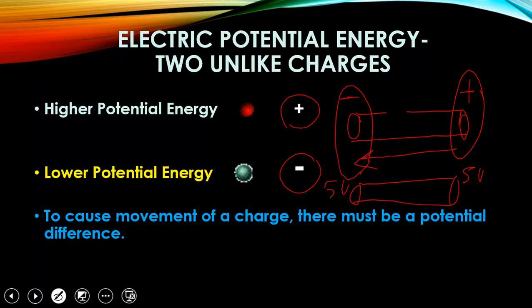This means that to cause movement of a charge there must be a potential difference. I must have an area with higher potential and an area with lower potential. The electric current will move from the position with higher potential towards the position with lower potential through an electric conductor.